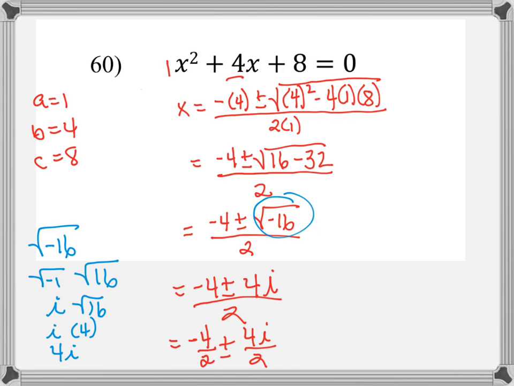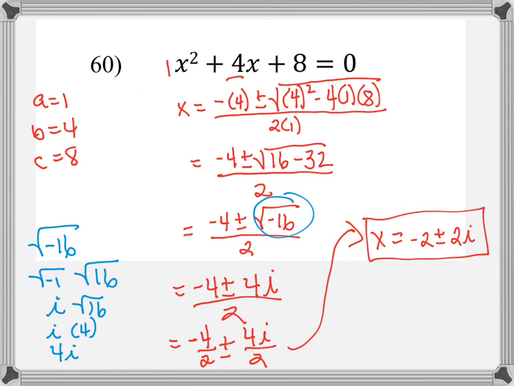Negative 4 over 2 plus or minus 4i over 2. Negative 4 over 2 is negative 2. 4i over 2 is 2i. So I have x equals negative 2 plus or minus 2i. This is two solutions. So one solution is negative 2 plus 2i. The other solution is negative 2 minus 2i.